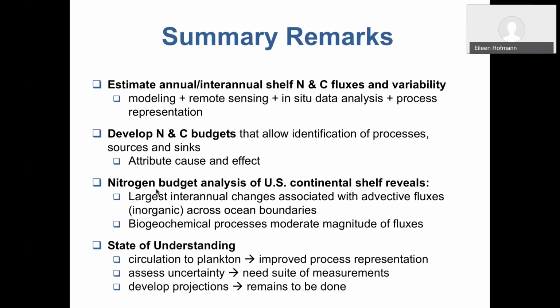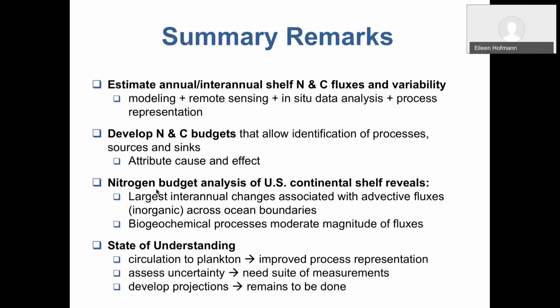All right, so where do we want to go with our state of understanding here? I think we're pretty good at doing the circulation-to-plankton types of models. They can be made better by improving process representation and by improving the resolution of the models, but that's something that we as a community really know how to do.